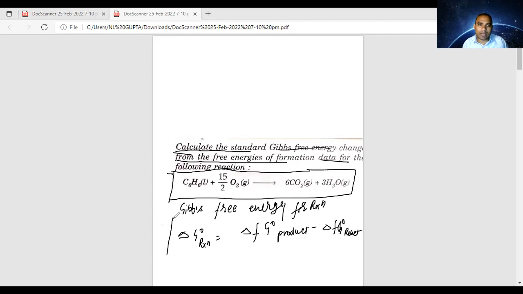So that is how we calculate Gibbs free energy from the product and Gibbs free energy from the reactant. This is our formula, right?